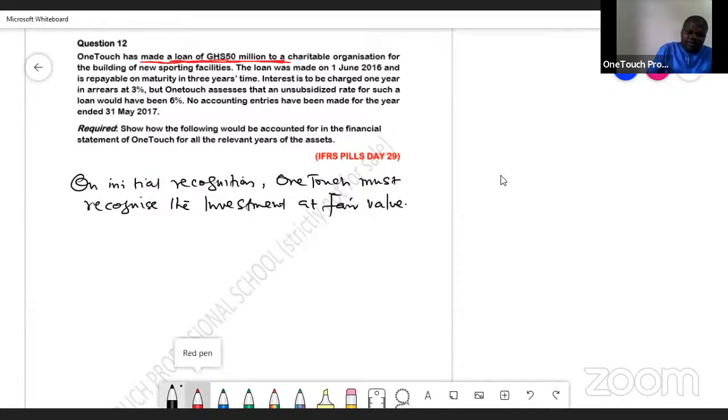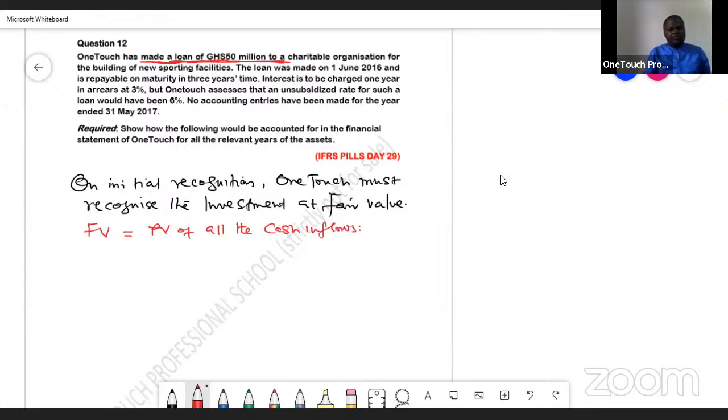And what is the fair value? Fair value is equal to the present value of all the cash inflows.